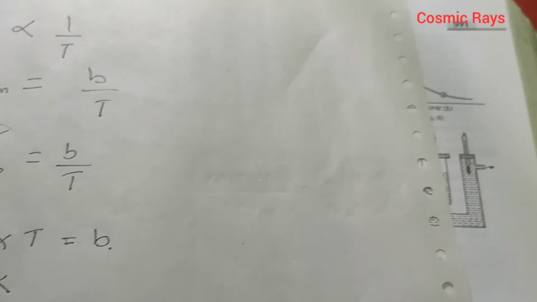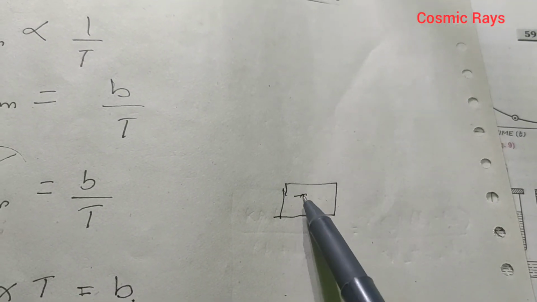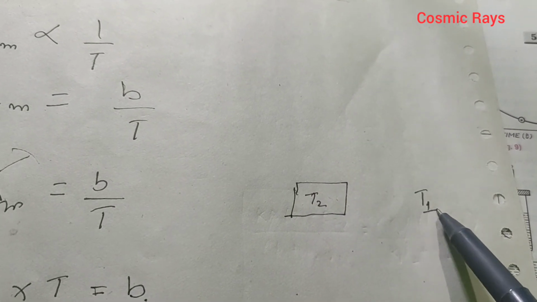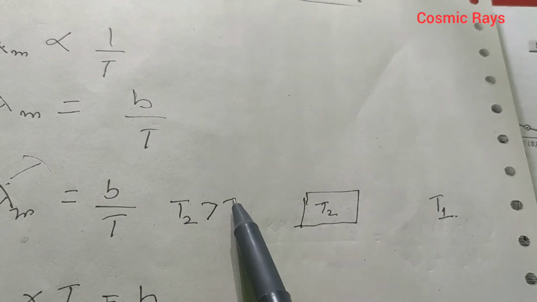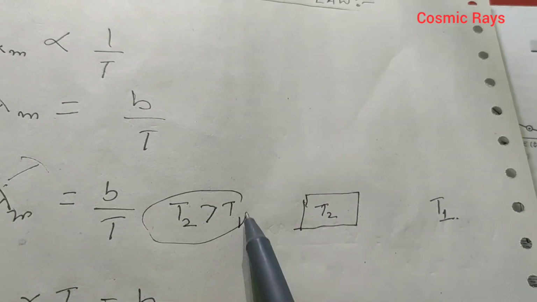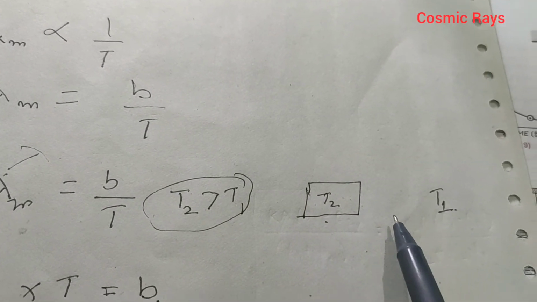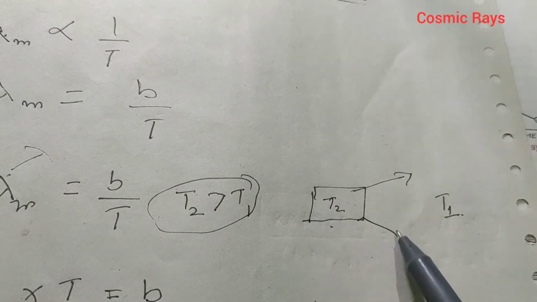So if a body has a particular temperature, let's say T2, and the surrounding has a temperature T1, and we assume that T2 is greater than T1, that means the body is at a higher temperature than its surrounding, then in this scenario the body is going to radiate energy.